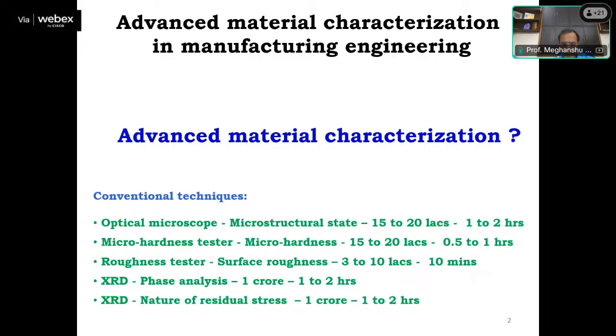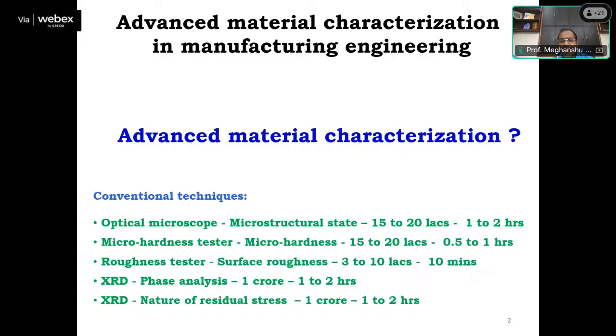Now, a very important machine or technique is X-ray diffraction technique or XRD technique. This technique is required for assessment of phase as well as nature of residual stress. The cost of this technique, I repeat, the cost of procurement of basic instrument of this technique is 1 crore rupees.